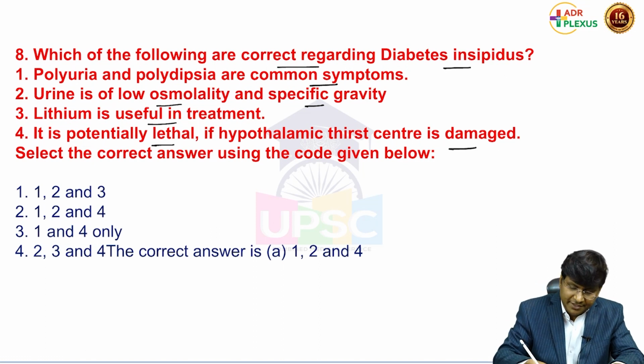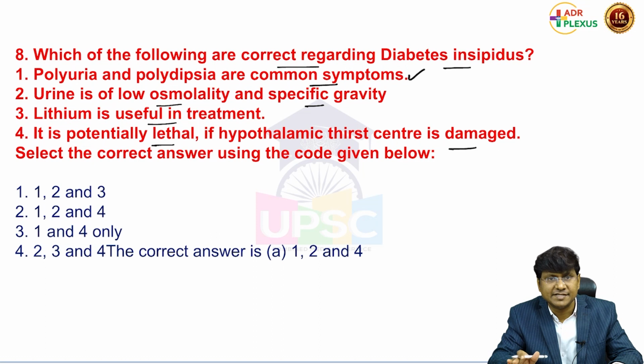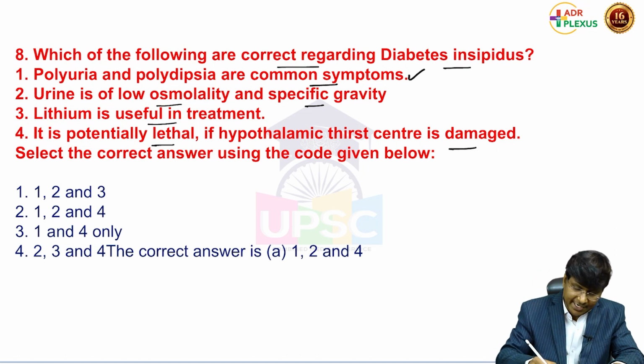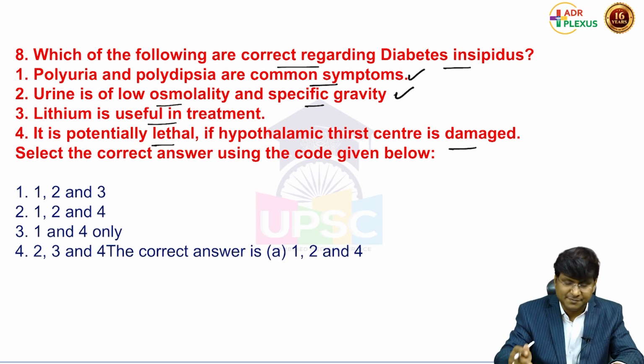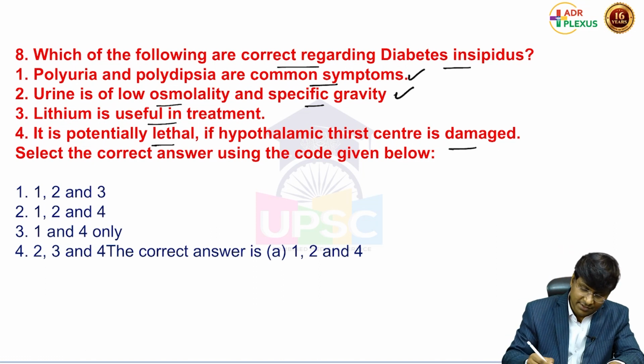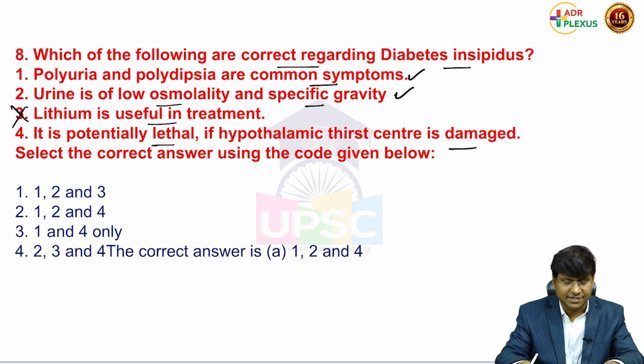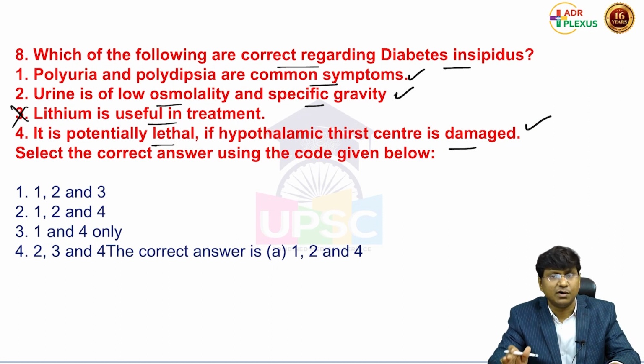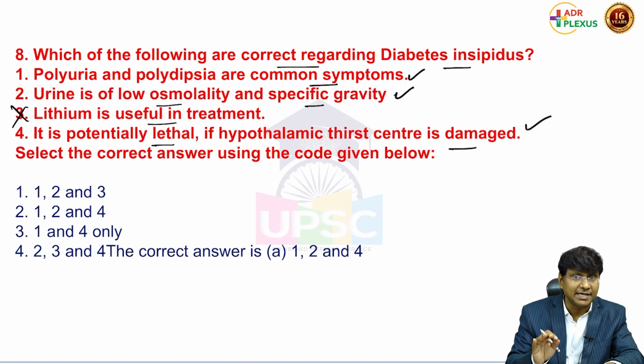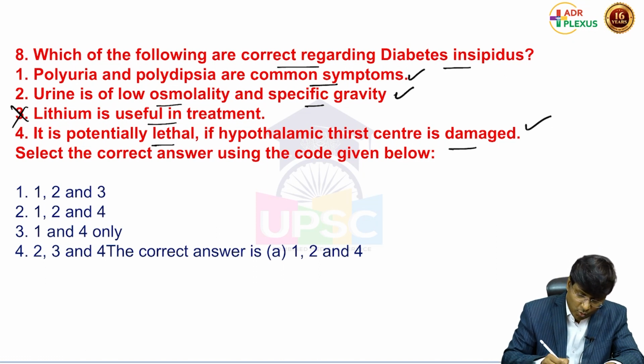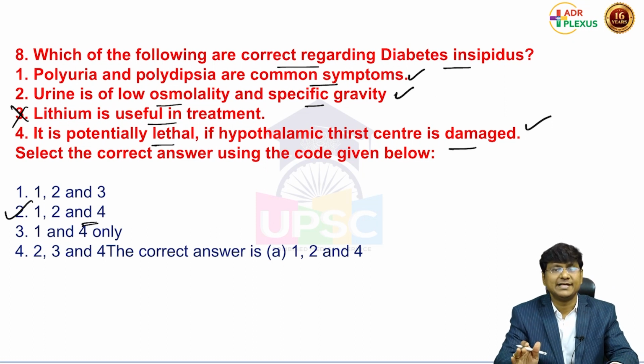Polyuria and polydipsia being the common symptoms is a correct statement. Urine osmolality is low and specific gravity is also low, correct statement. Lithium is useful in the treatment is a wrong statement. And it is potentially lethal if the hypothalamic center is damaged, that is also a true statement. So the correct answer is 1, 2 and 4.